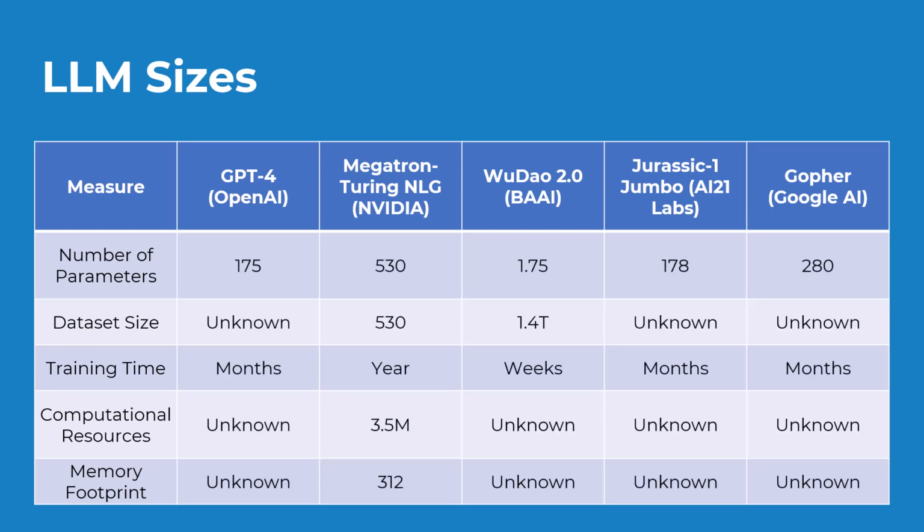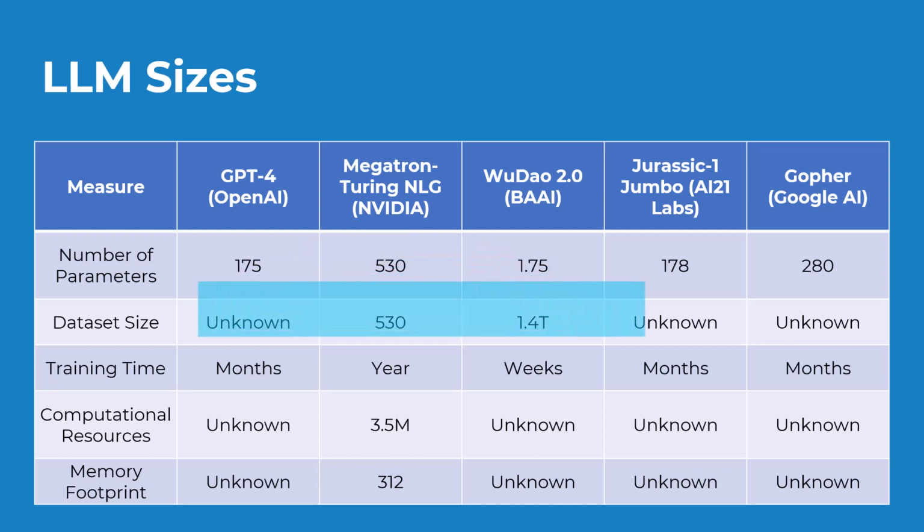Unfortunately, while all the models proudly talk about the number of parameters, the rest is pretty much undisclosed. So let's not dwell here too long and just zoom in on 2 things. At the time of recording, Megatron Turing is the largest. And not just by a little, but it's 3 times larger than its closest competitor.